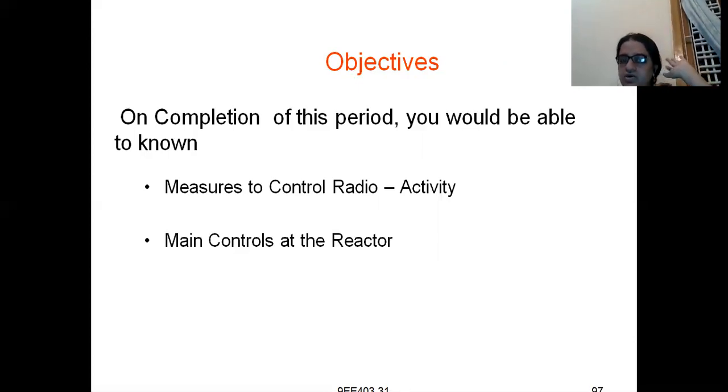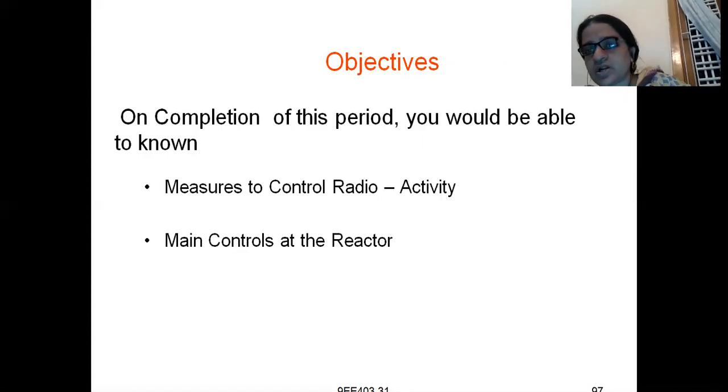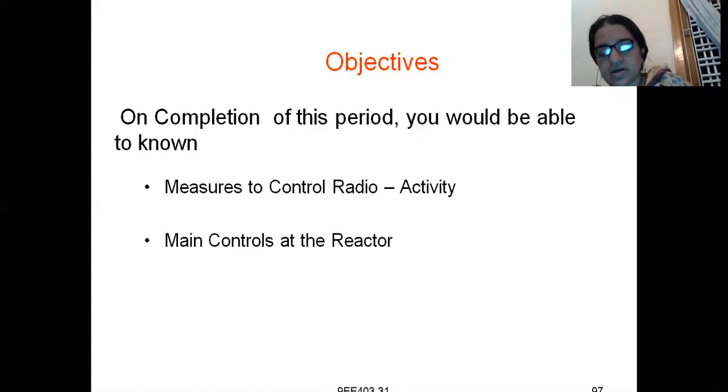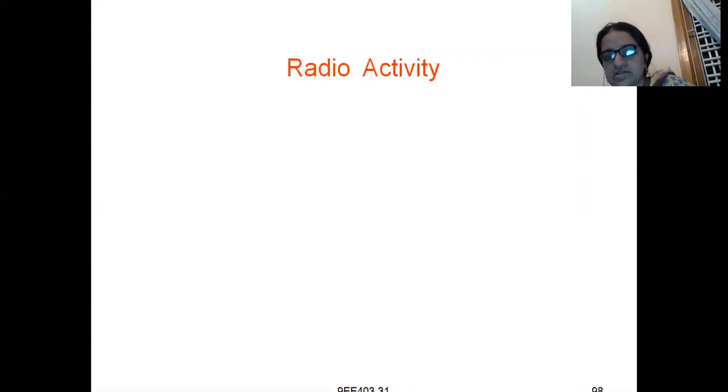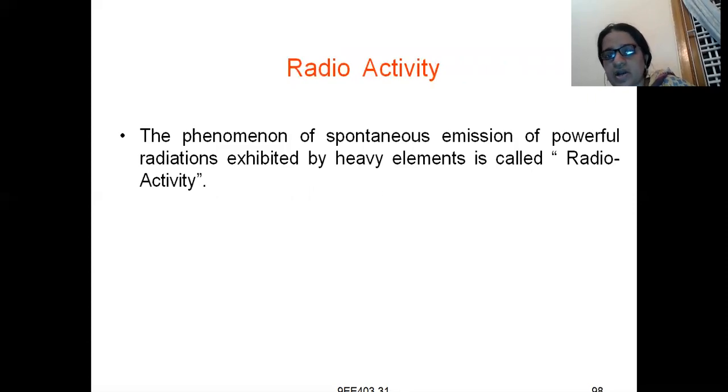Let us now discuss this topic in detail. What is radioactivity? It is a phenomenon of spontaneous emission of powerful radiations exhibited by heavy elements. What do we mean by heavy element?